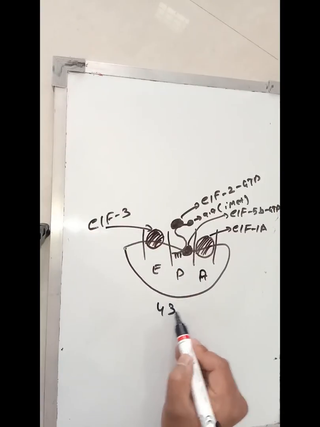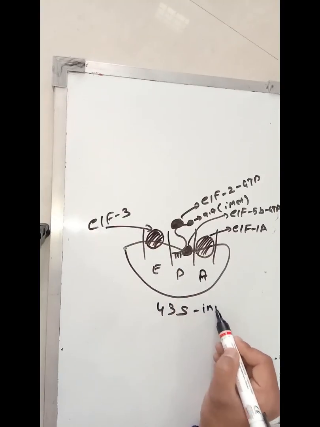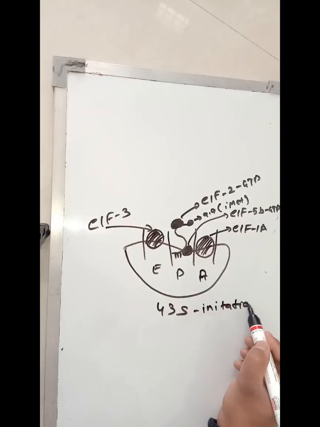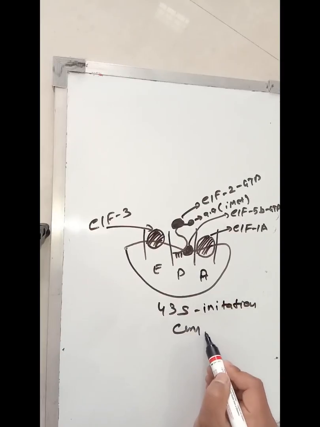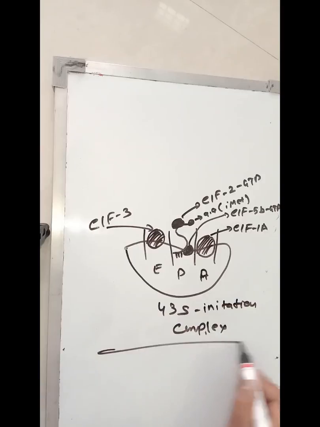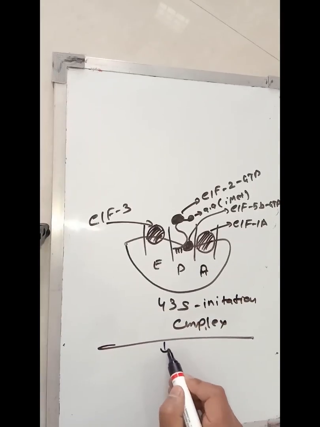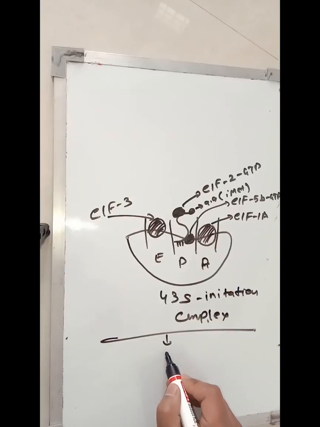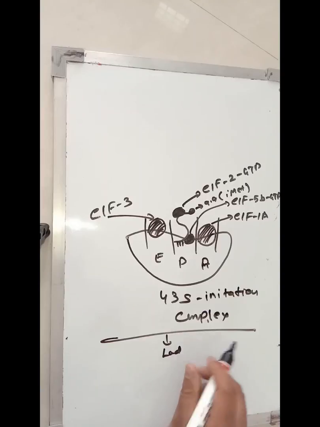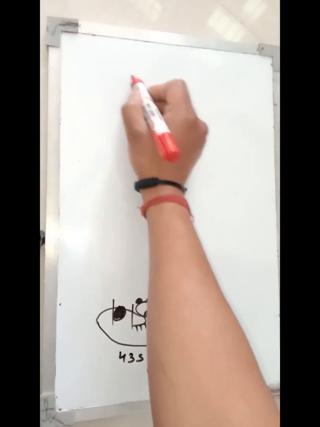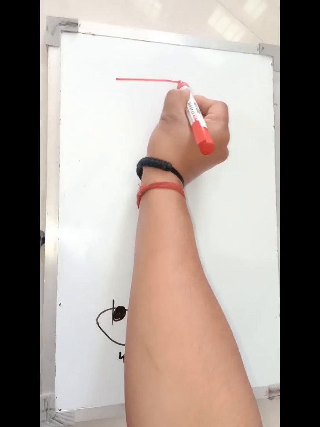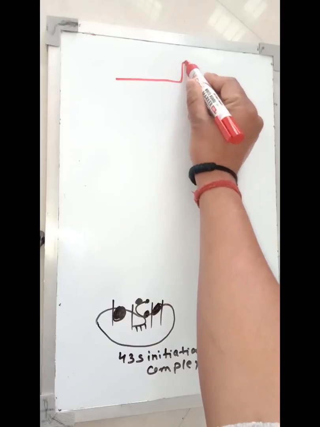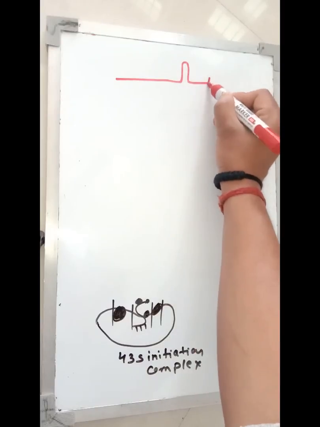So it is the 43S initiation complex. Now this complex has to be loaded. It's a turn of mRNA to be joined with this 43S initiation complex.